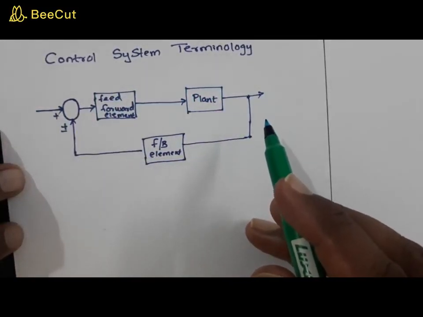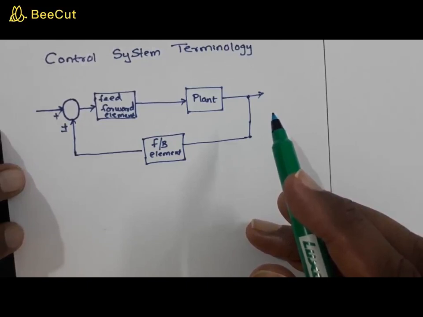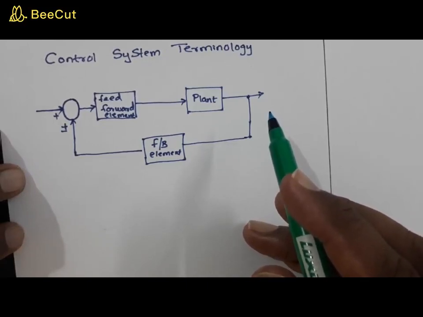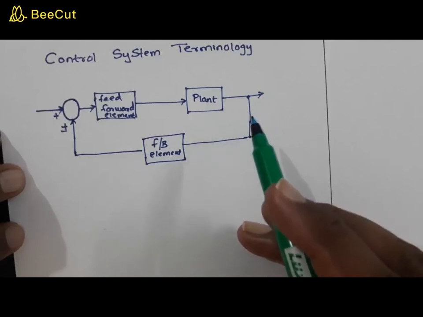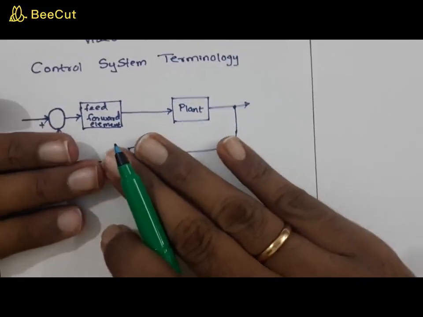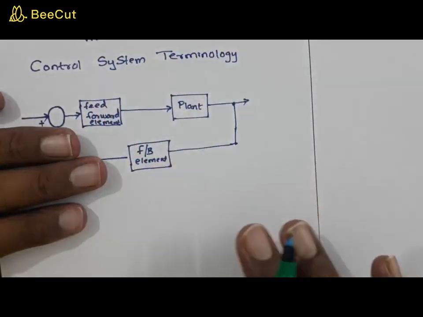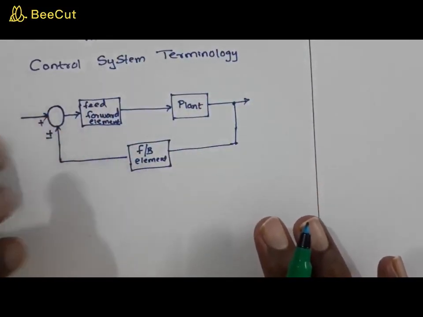Now, as in the previous video, we have seen that there are two types of control system, that is an open loop control system and a closed loop control system. And the major difference is in a closed loop system you have a feedback, and if you are considering without this feedback, then this represents an open loop control system.